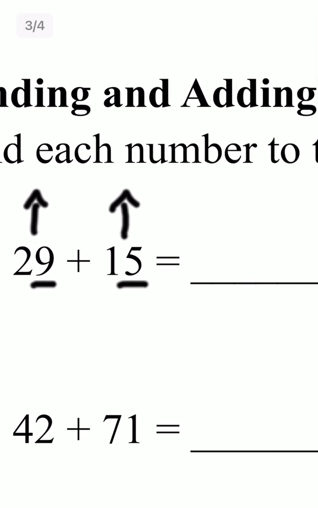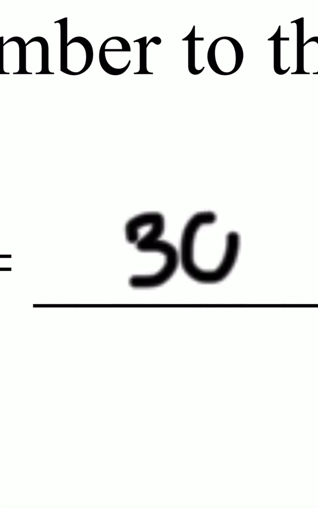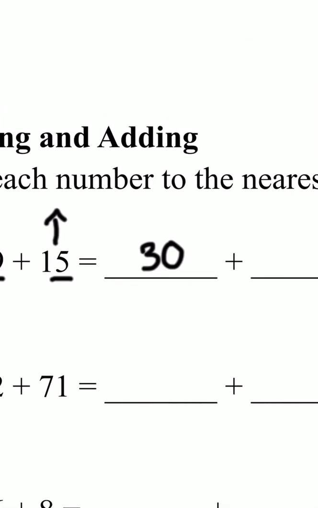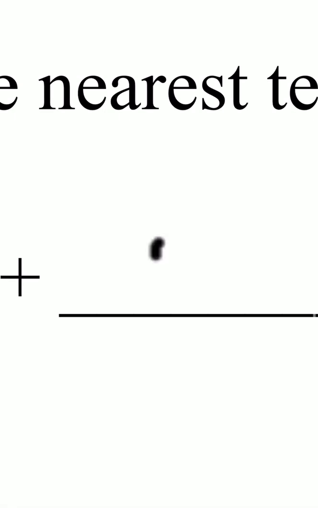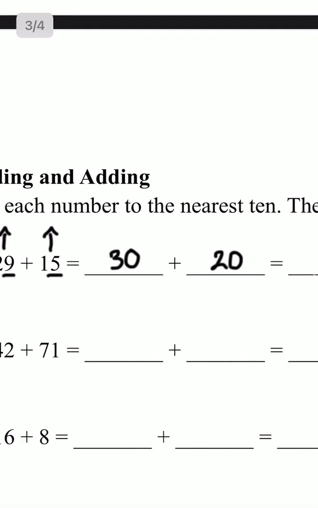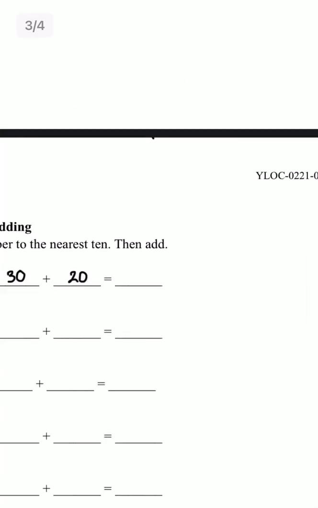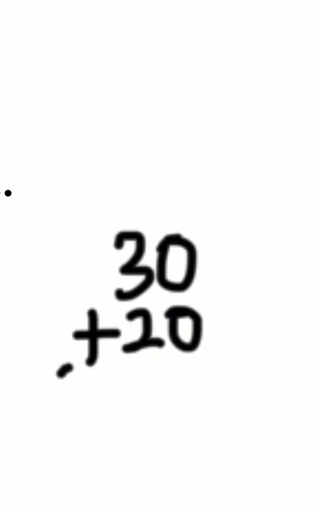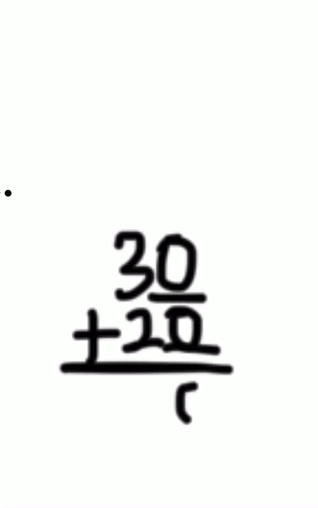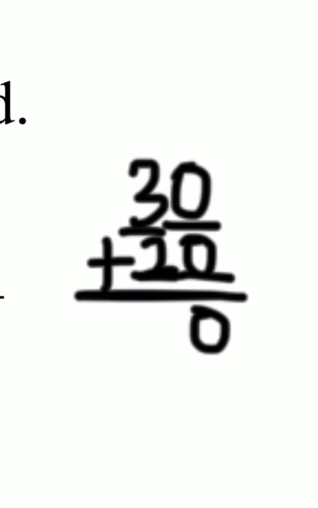So if we round 29, it would be 30. And if we round up 15, it would be 20. So we need to do 30 plus 20, and 0 plus 0 would be 0, and 3 plus 2 would be 5. So 50 is the answer for number 1.